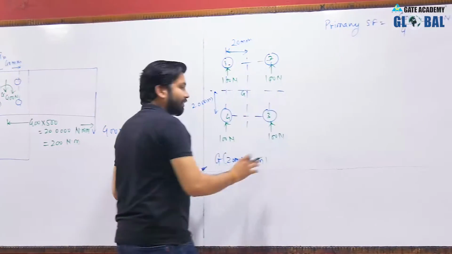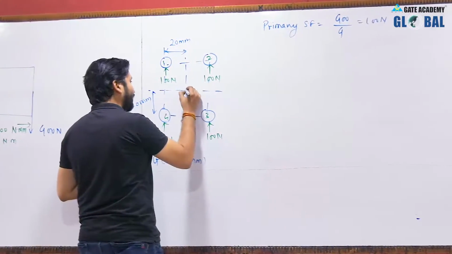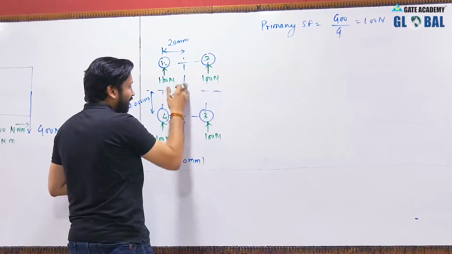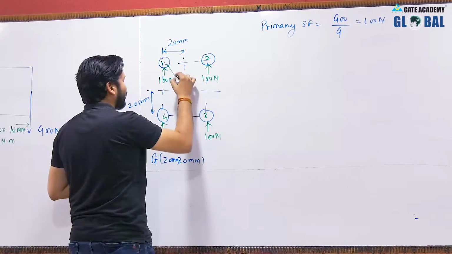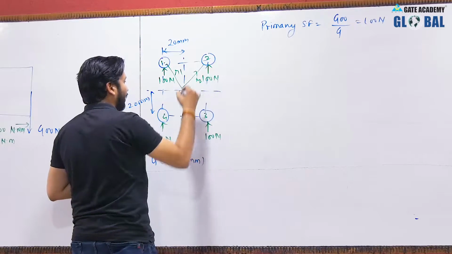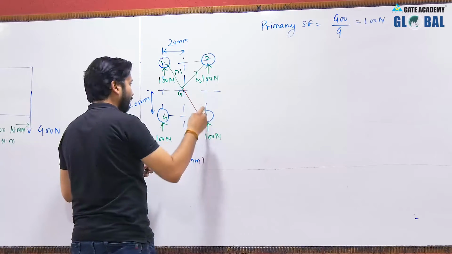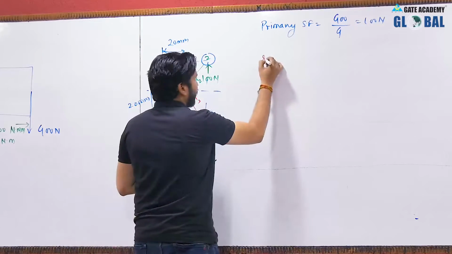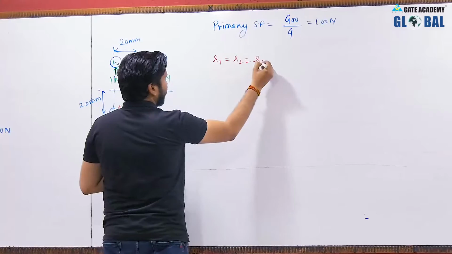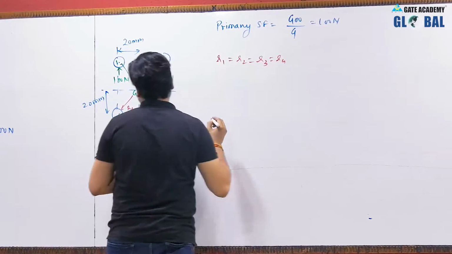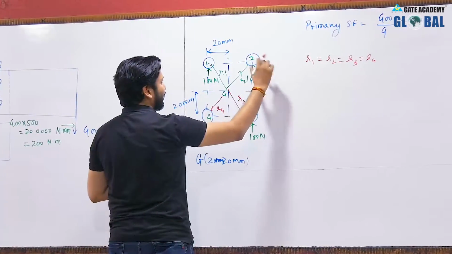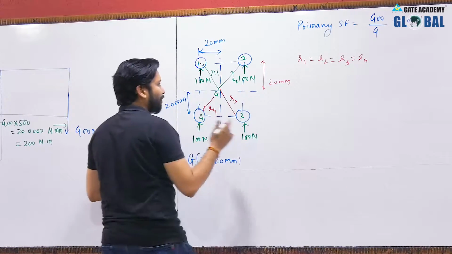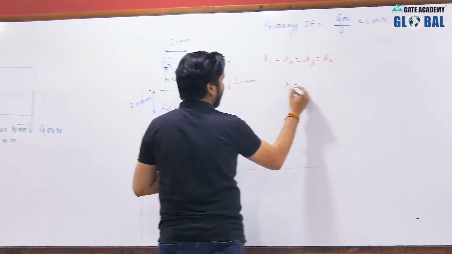Now as this is a square, the radial distance between the centroid and the centers of each rivet will be the same. So if this is R1, this is R2, this is R3, and this is R4, then R1 will be equal to R2, equal to R3, and equal to R4. Now as this side is 20 mm and this side is also 20 mm, using the Pythagoras theorem you can calculate R1.